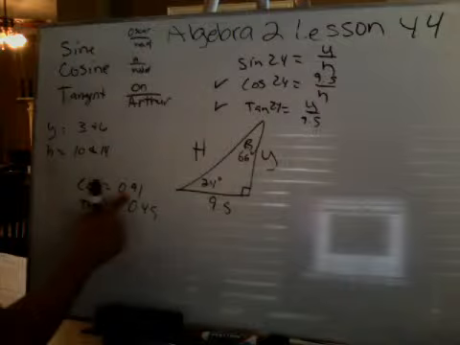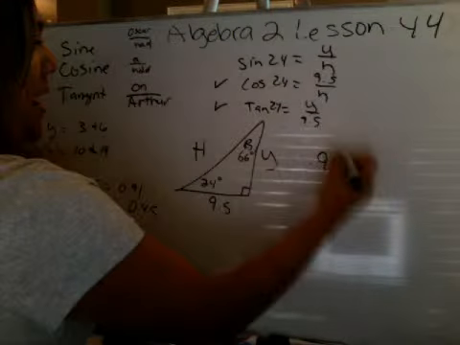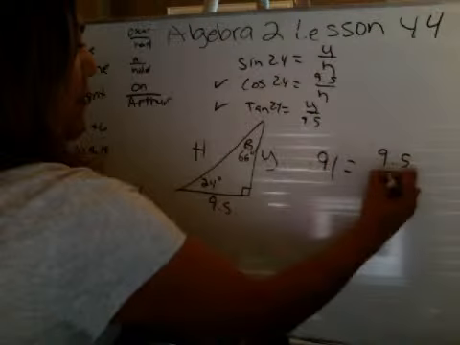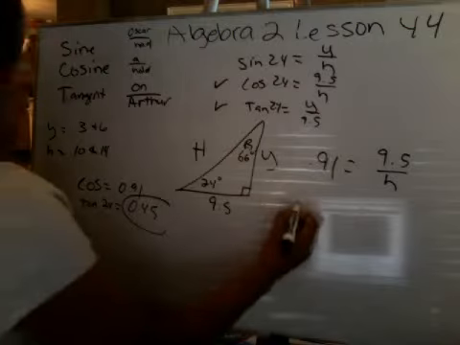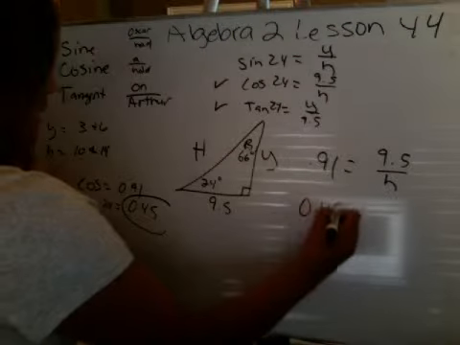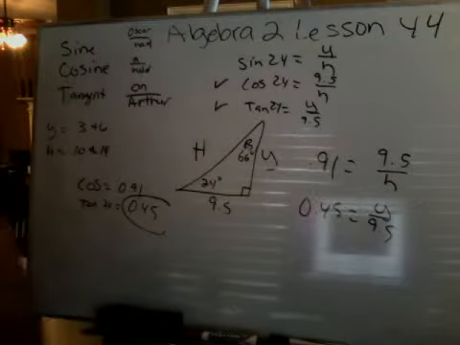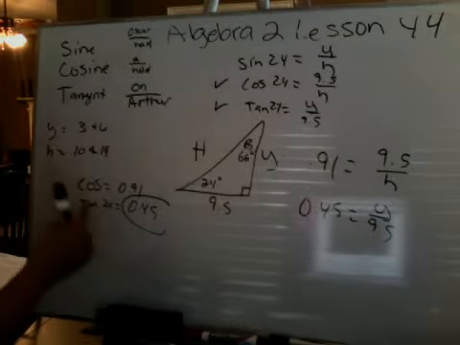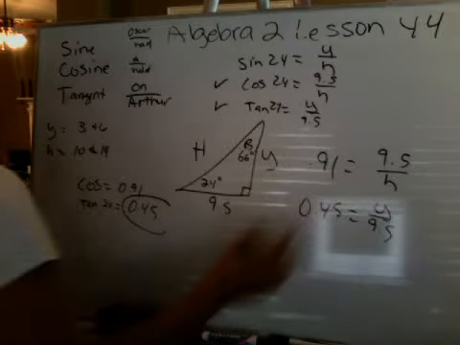So can't we simply replace cosine of 24 with 0.91, equal to 9.5 over H, and then solve for H. Just like we could replace this with tangent of 24, so 0.45 equals Y over 9.5. And then we simply solve for H and Y algebraically. Here you would multiply by H and divide by 0.91.